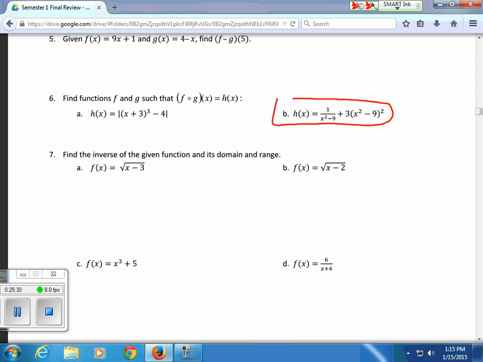So if I was going to do this one, and I have to find f and g, this is called decomposition. This is a composite function. That means it's made up of two functions, one inside the other. What they're asking is, if this is h of x, which is the combo of both f and g, they want to know what was f of x, and what was g of x.